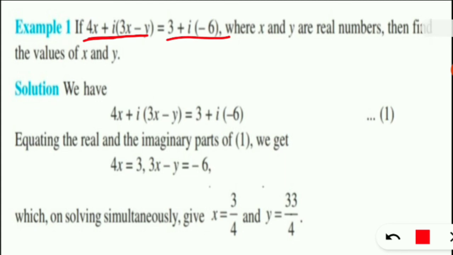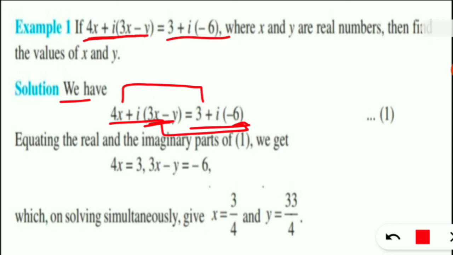So the solution: we have 4x plus i into (3x minus y) equals 3 plus i into (minus 6). So here two complex numbers are equal, so real part equals real part and imaginary part equals imaginary part.